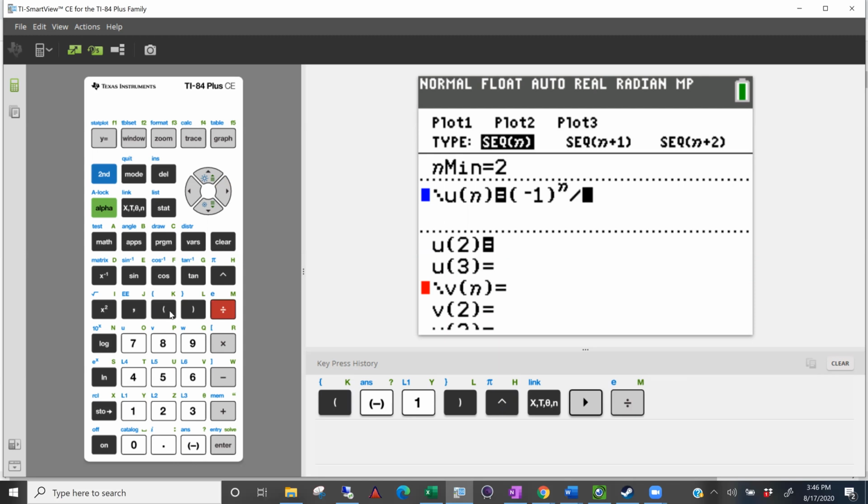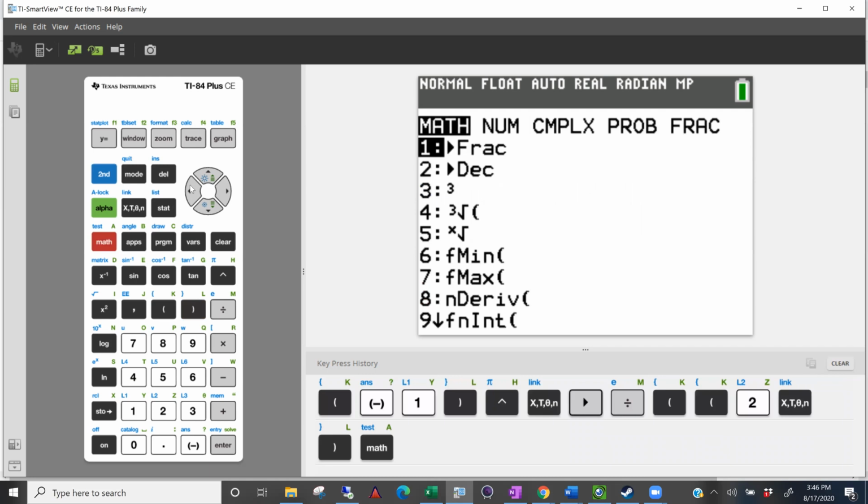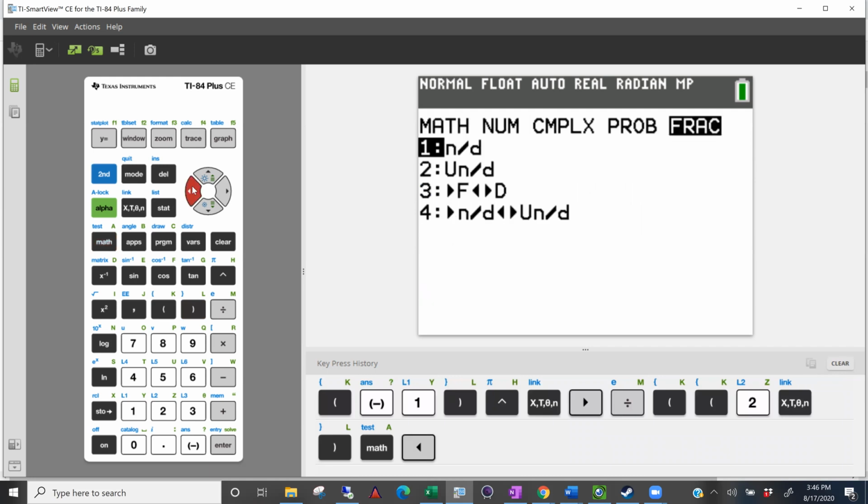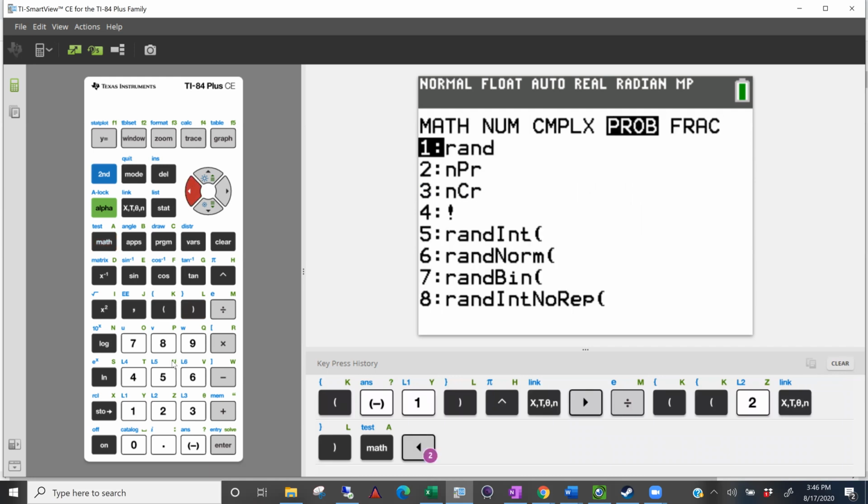Divided by. Now you need parentheses, 2 of them. The first term you're going to have is 2n, parenthesis, and then you need the factorial. So the factorial you can find underneath the math key, math, and go over to probability, and it's the 4th one down.